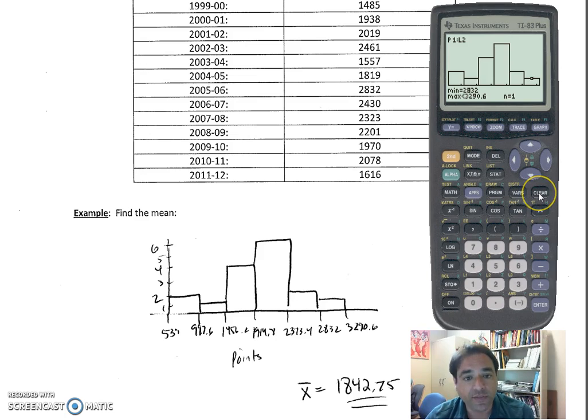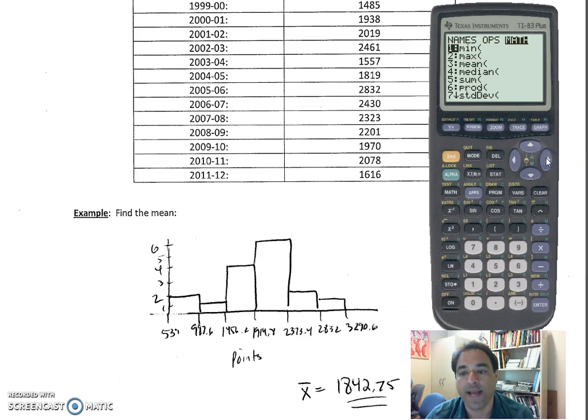Remember, there are 2 ways to do that. From the home screen, second mode, we can do second stat. Over to math, we can do the mean, enter, of list 2, second 2, close parenthesis. Or we can do the median, second stat, over to math, median of list 2.